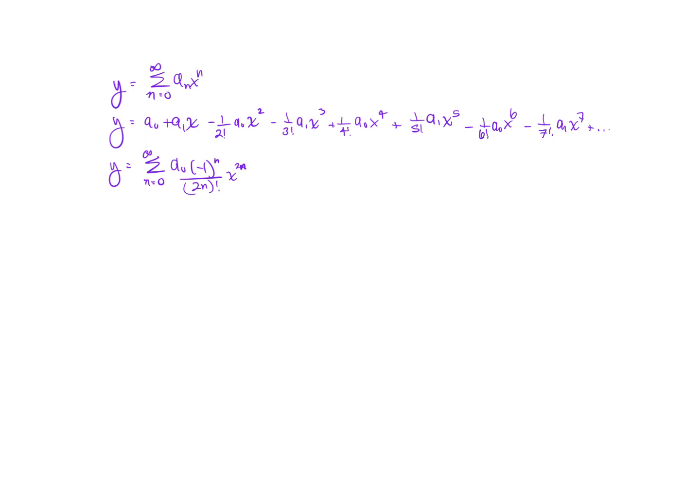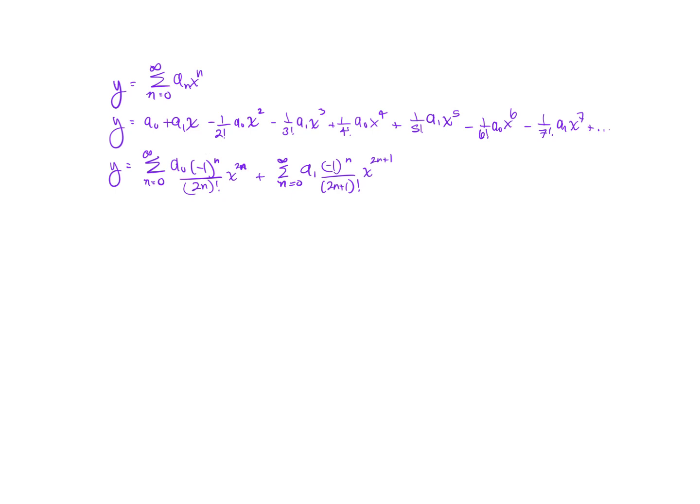And then we'll add to that our sum from n equals 0 to infinity of a sub 1 times -1 to the n over our 2n plus 1 factorial x to the 2n plus 1, from our closed forms for a naught and for a1.